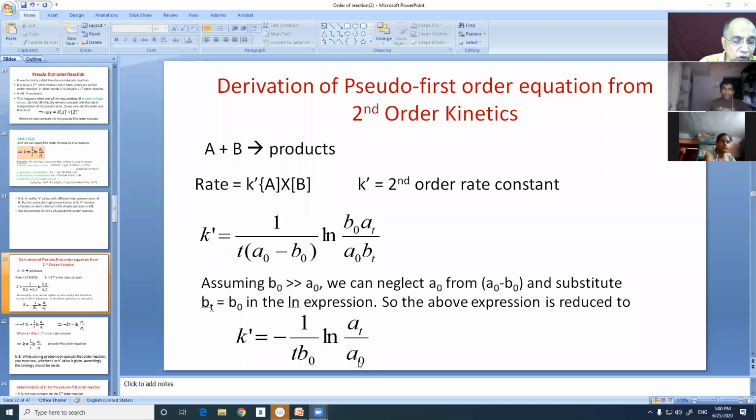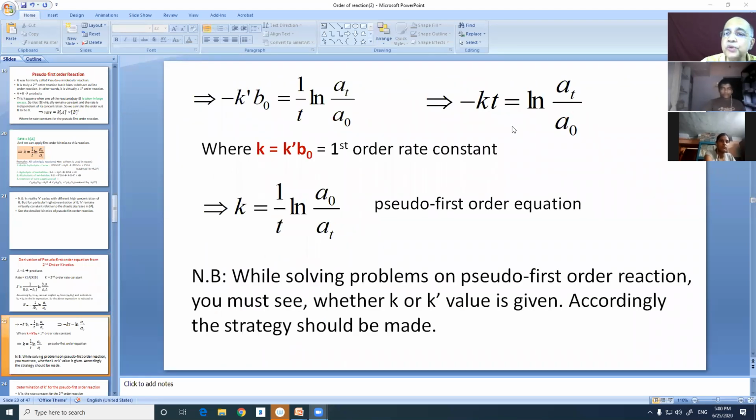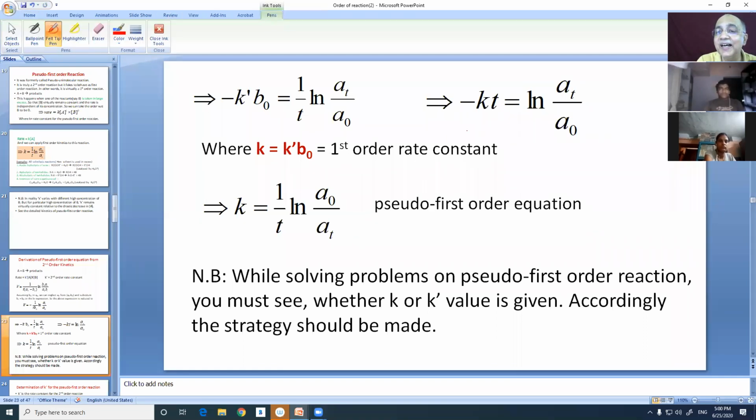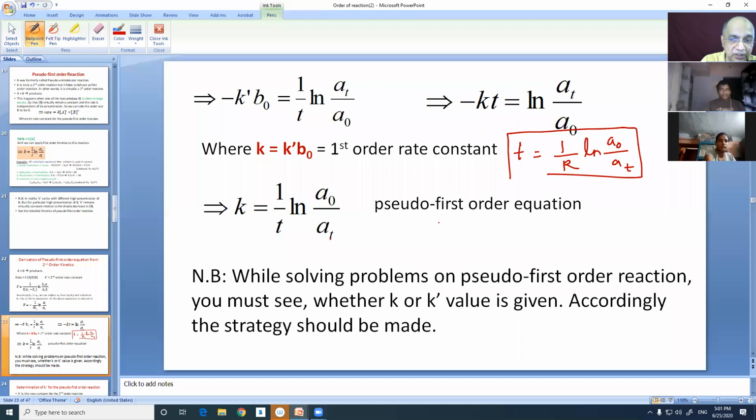So if you convert minus to plus, then A0 comes up, AT comes down, and we get the first order kinetics. T is equal to 1 by K ln A0 by AT.